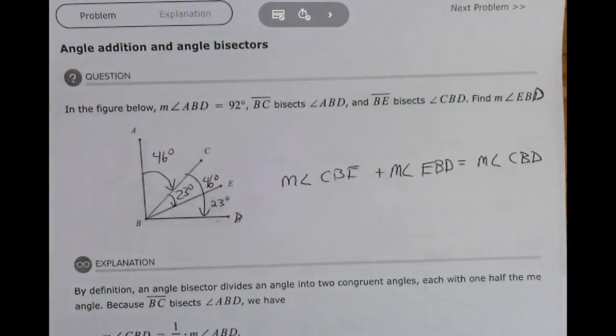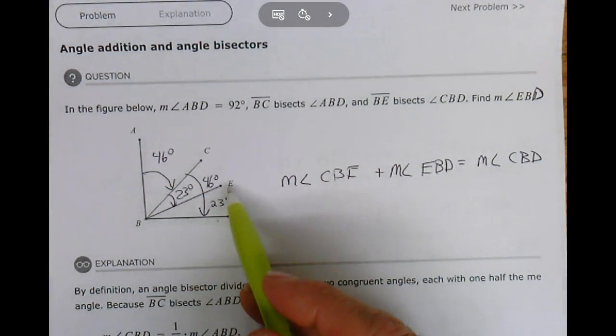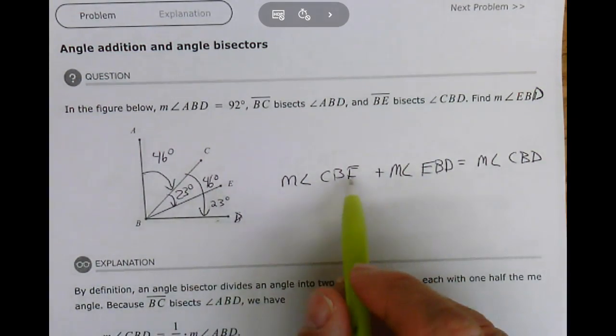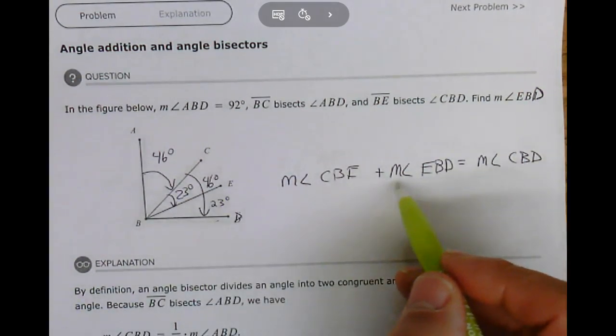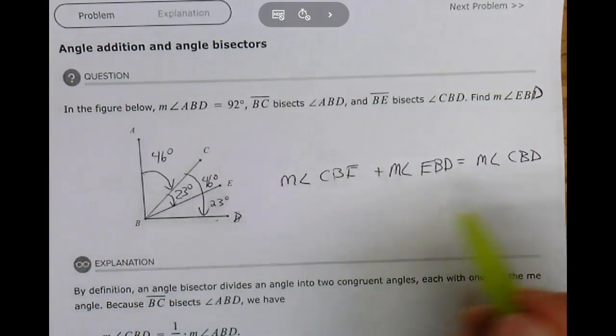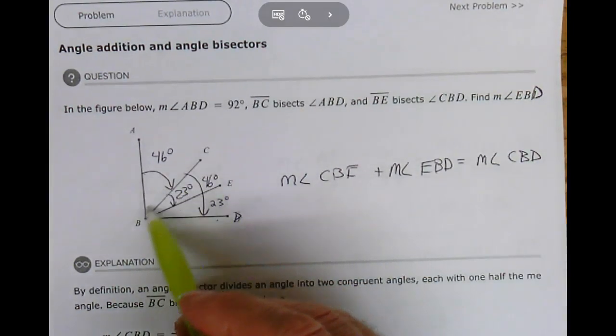And then we plug in what we know. So CBE, we're not quite given that, but we can figure that out. But really we kind of are, we figured it out. Let's see what other ones we know first though. So the measure of angle EBD, kind of figured that out, and then equals the measure of angle CBD. So we just probably start with there, right?